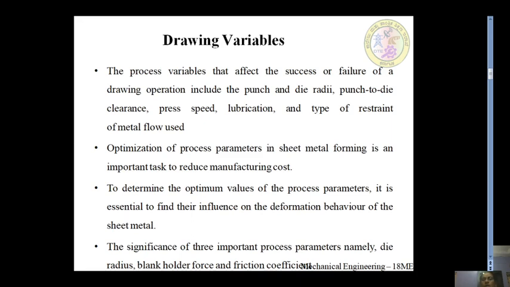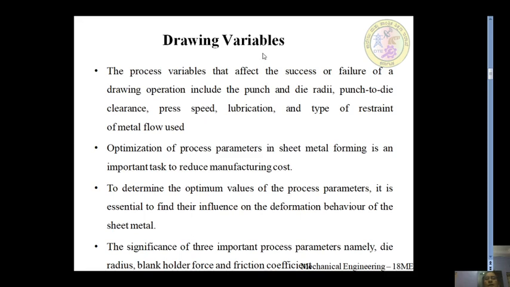In deep drawing, sometimes a single operation is not sufficient to get the height of the cup, so we repeat the same operation to obtain the height of the cup. We have used the word drawing ratio there, which is the ratio of blank diameter to the punch diameter.